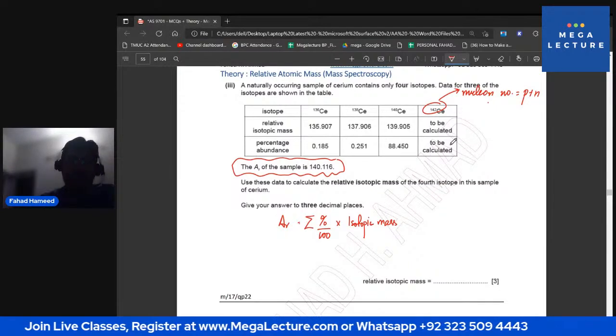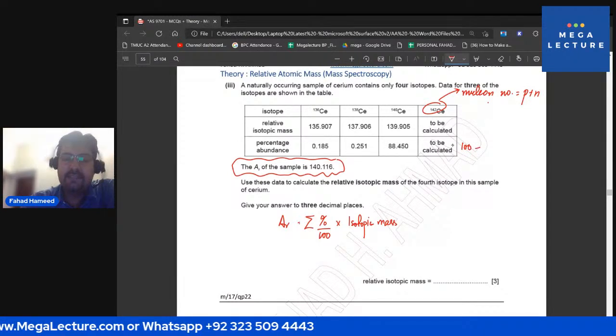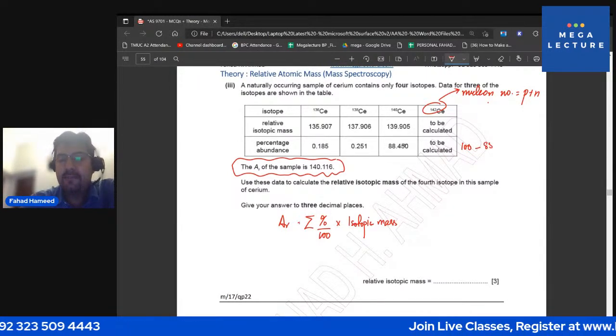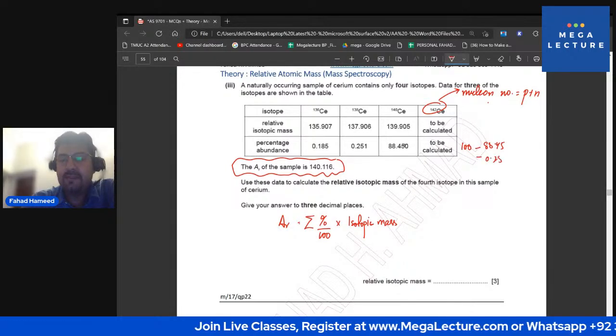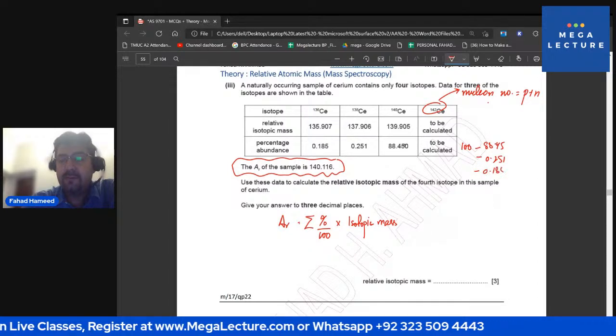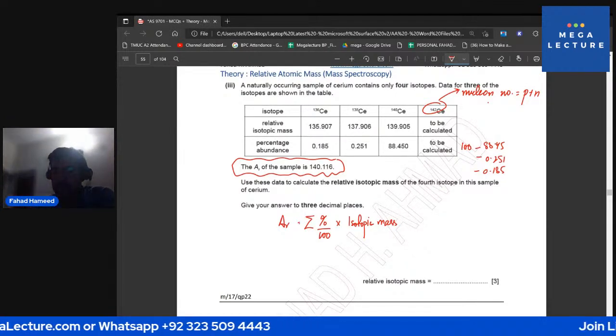So I'm going to take 100, the total percentage, minus the percentage of this isotope, which is 88.45, and then subtract 0.251%, and then subtract 0.185% as well. Let's do that.